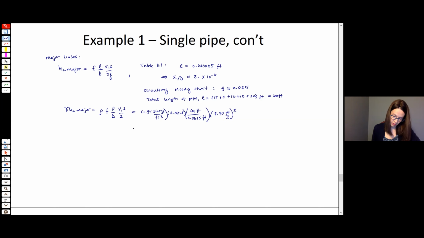We get that it's equal to 1515 pounds per feet squared, or 10.6 psi. Okay, finally putting everything together to solve for P1, the pressure in this basement at the entrance to this complex pipe system.